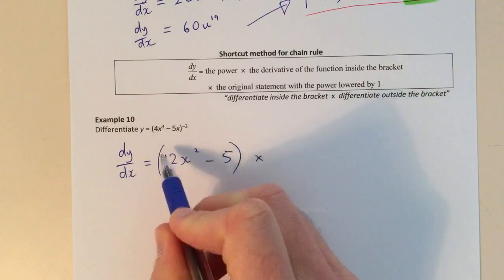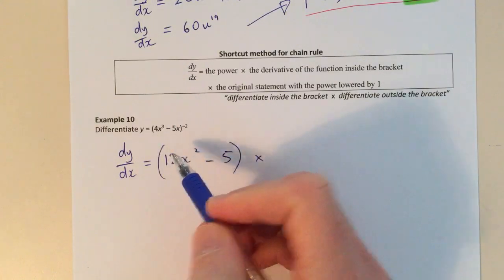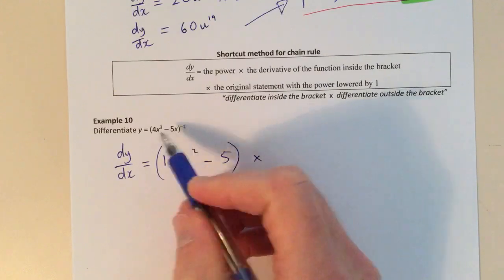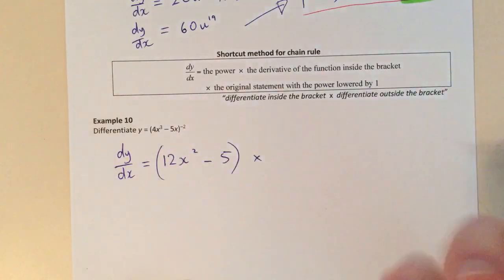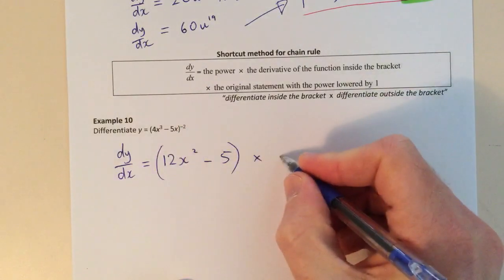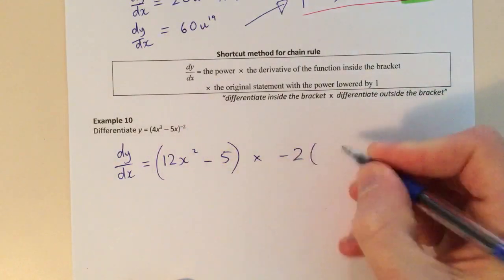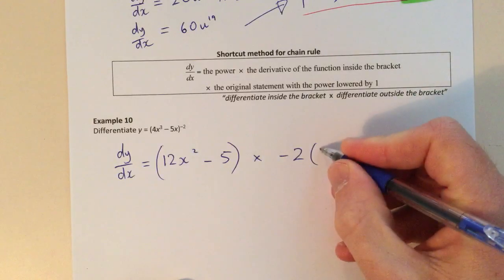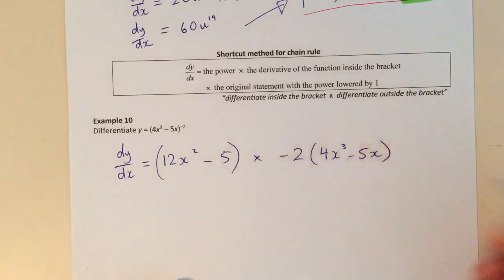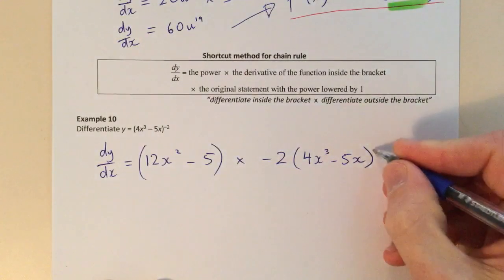So if you differentiate something to the power of negative 2, if it was x to the power of negative 2, if it was a to the power of negative 2, if it was just blob to the power of negative 2, well, what you would do is multiply by the power, keep your blob there, your x or whatever it is. In this case, it's just whatever's in the bracket stays there, and subtract 1 from the power.